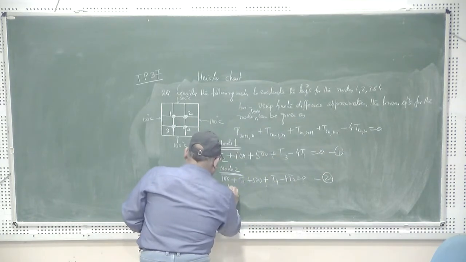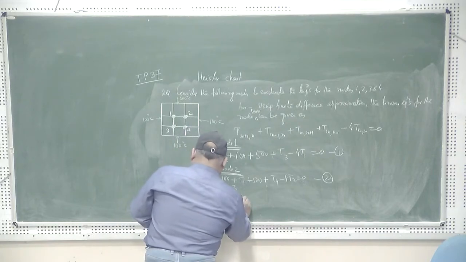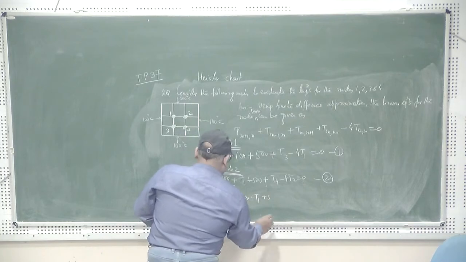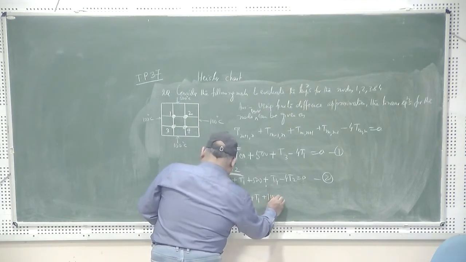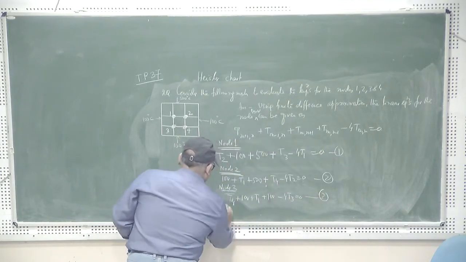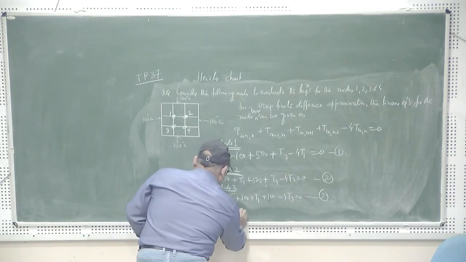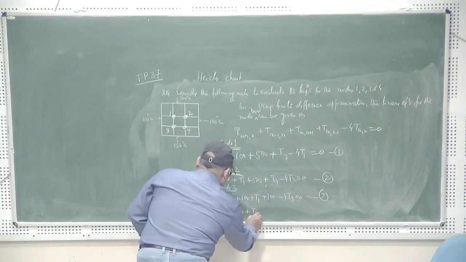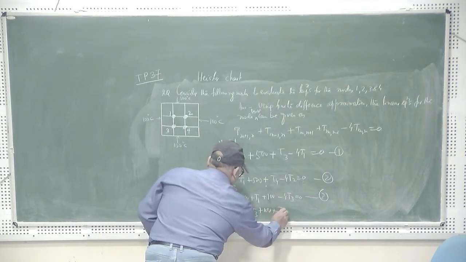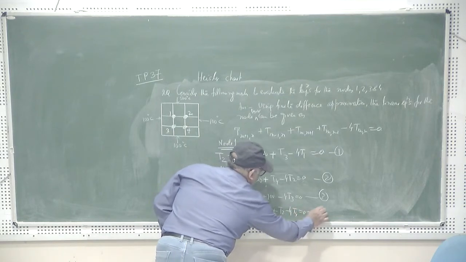Similarly for node 3, T4 plus 100 plus T1 plus 100 minus 4T3 is equal to 0. Let it be equation number 3. And finally for node 4, the equation can be given as 100 plus T3 plus 100 plus T2 minus 4 T4, that is equal to 0.